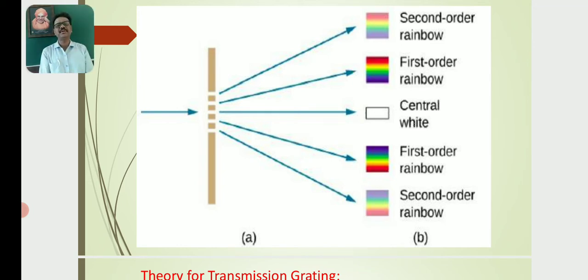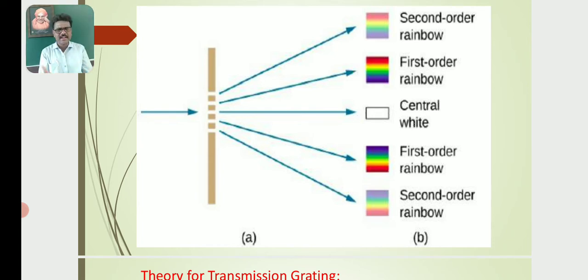It undergoes diffraction, and we get a number of spectra on the screen. If we view the diffraction pattern on the screen, it contains a central white fringe.